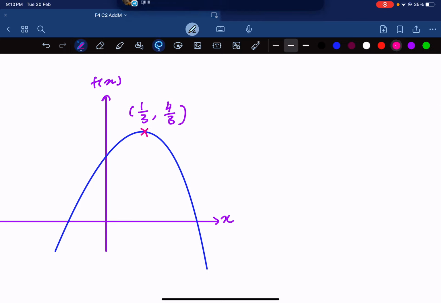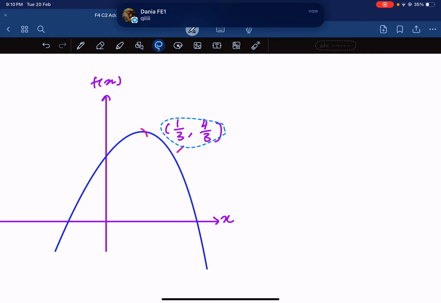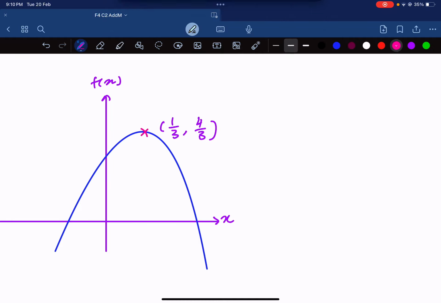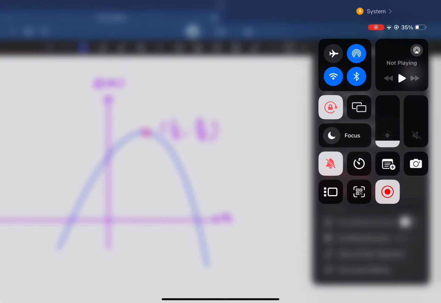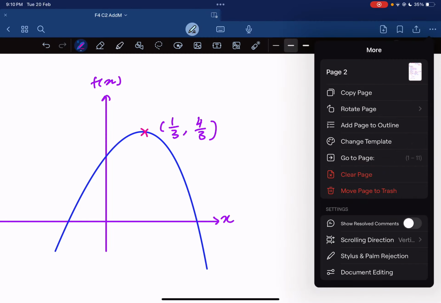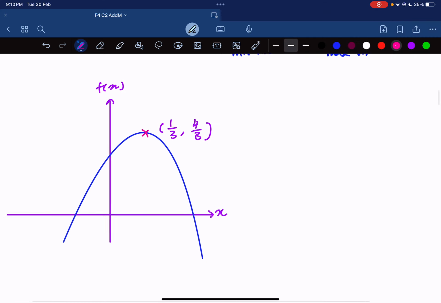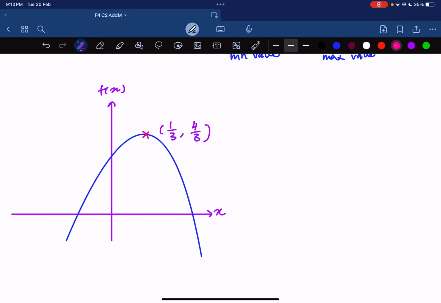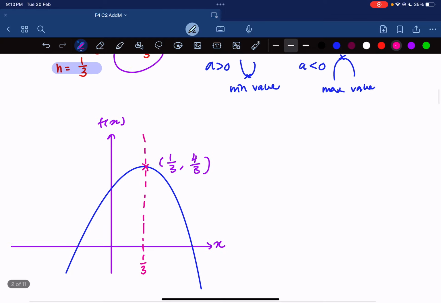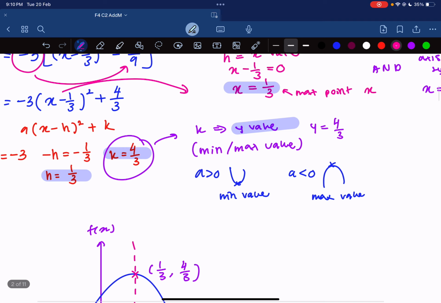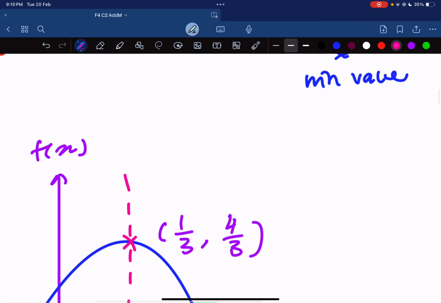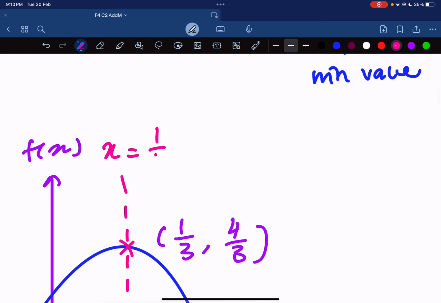Kalau I letak macam ni, then my paksi of symmetry would be macam ni lah, dia ke bawah je, and it should hit 1/3. Disebabkan itulah paksi symmetry tu, dia punya equation is x equals to 1/3.